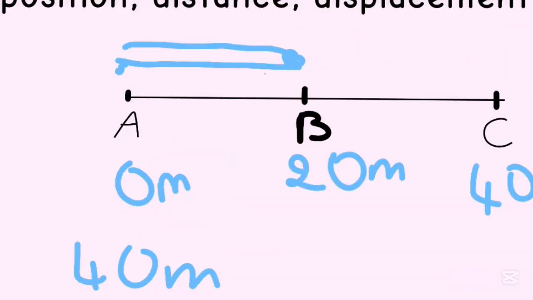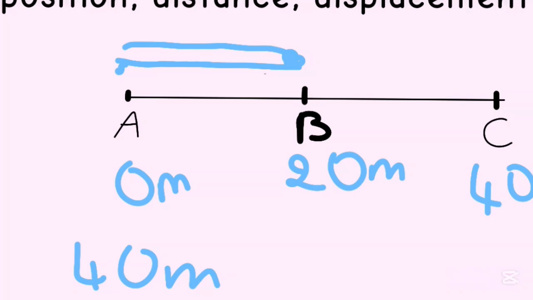Now for the displacement, it will be different, because the displacement is the difference between your final position and your initial position. Your displacement doesn't really care about the length you covered, but the displacement is trying to know if you ended up coming back to the same place you started.